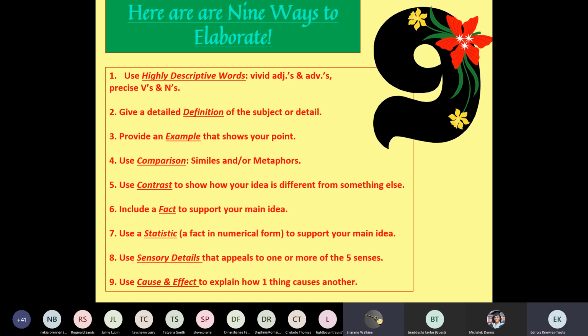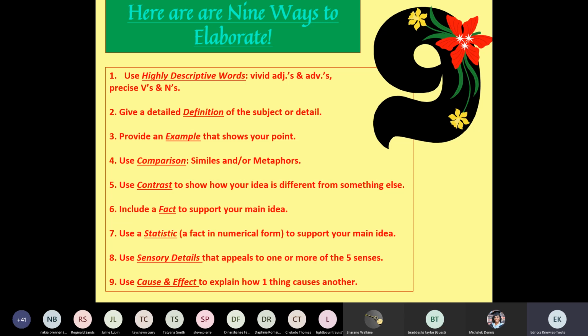We want you to give a detailed definition of the subject or topic. You can provide an example that shows your point. And I believe in the one about the rats that we just looked at, they did give an example of how rats are destroyed.